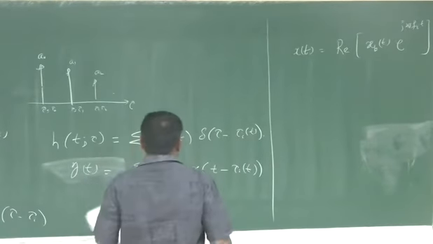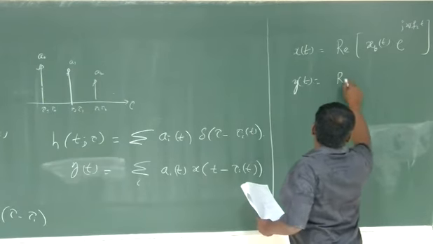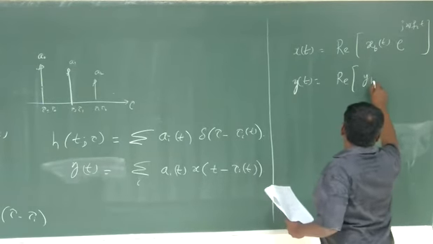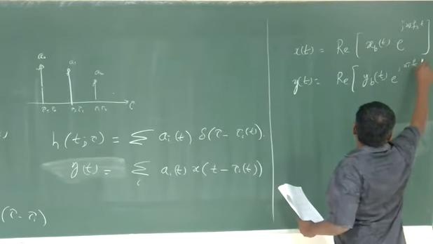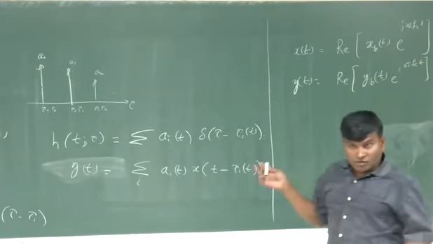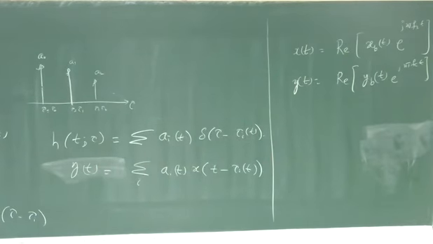If that is the case, I can also write y of t as the real part of y_b of t e raised to j 2 pi f_c t, isn't it? Maybe y of t also has a baseband equivalent signal.